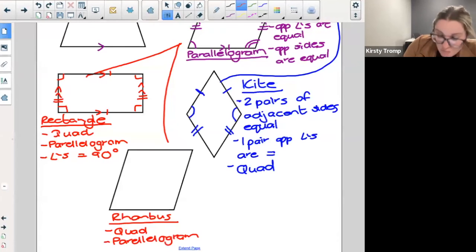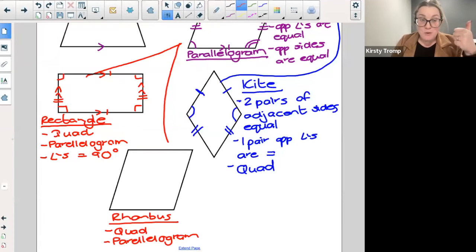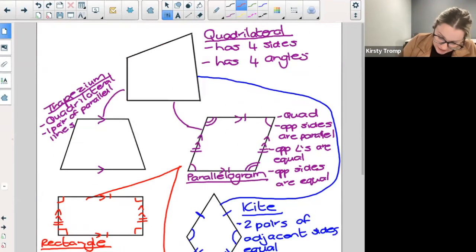So let's just go back and check. Quadrilateral means, does it have 4 sides and 4 angles? Yes, so a rhombus is definitely a quadrilateral. Then, because a rhombus is a type of parallelogram, let's go back to the parallelogram properties.